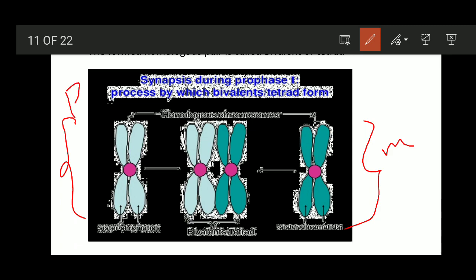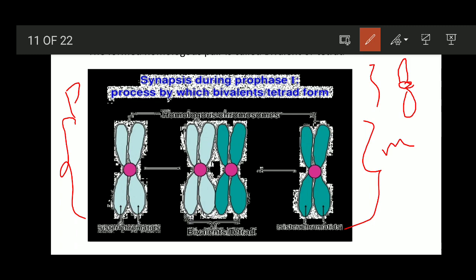These are derived from the paternal side. So what happens, these were thread like structures initially. They will be like this thread like structure initially in the S phase of the DNA. So as the condensation process has taken place, now they are forming a chromosome. This is known as a chromosome.